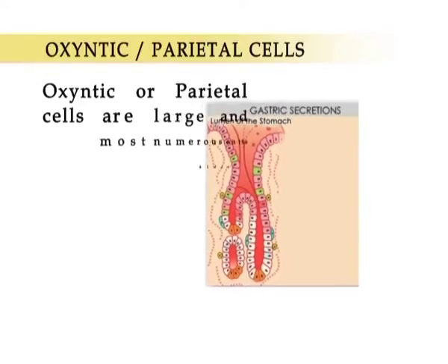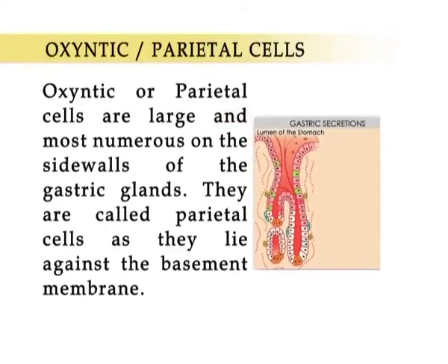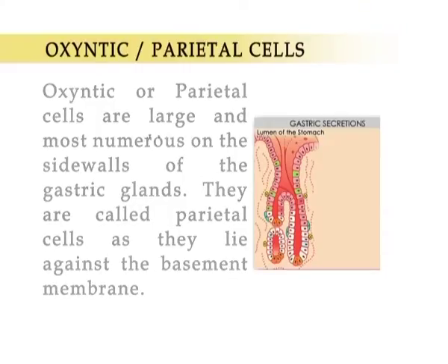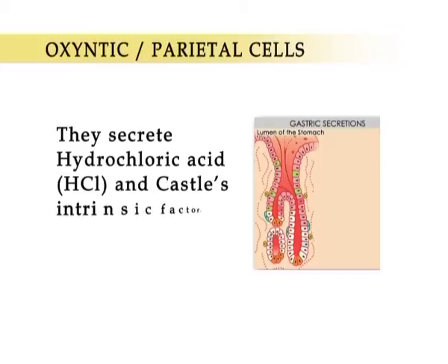Oxyntic or parietal cells are large and most numerous on the side walls of the gastric glands. They are called parietal cells as they lie against the basement membrane. They secrete hydrochloric acid and Castle's intrinsic factor.